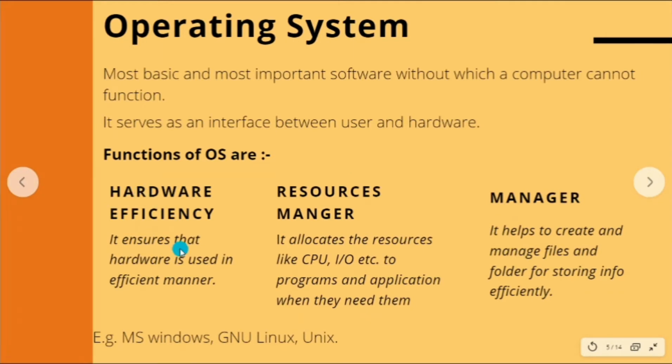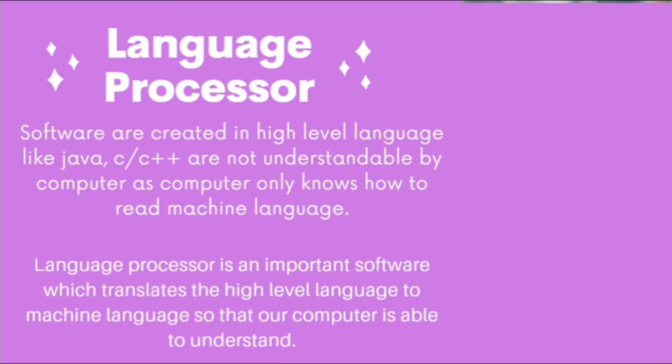It ensures that the hardware we are using is used in an effective manner. It allocates resources like CPU, IO, etc. to the programs and applications whenever they need them. It helps to create and manage files and folders for storing data efficiently. Examples of operating systems are MS Windows, Linux, Unix, etc.